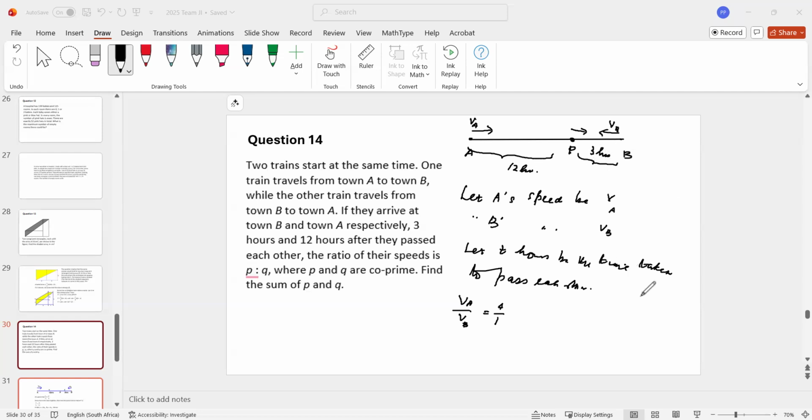So what you have is the total distance AB is equal to that distance, and that distance is speed times time, right? This will travel at the speed VA, right? The time it takes is VA times T, they meet after T hours, and the other one continues to travel at VB, the time it takes to travel that distance is still the same thing.